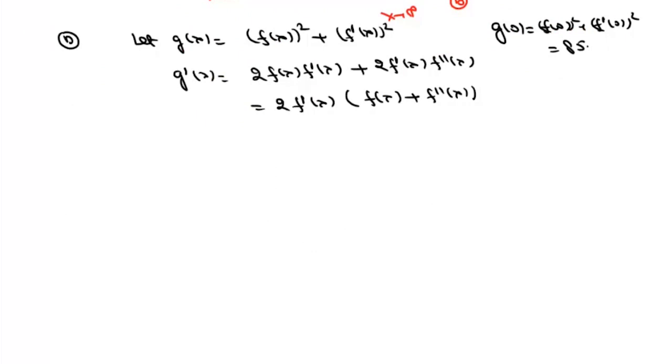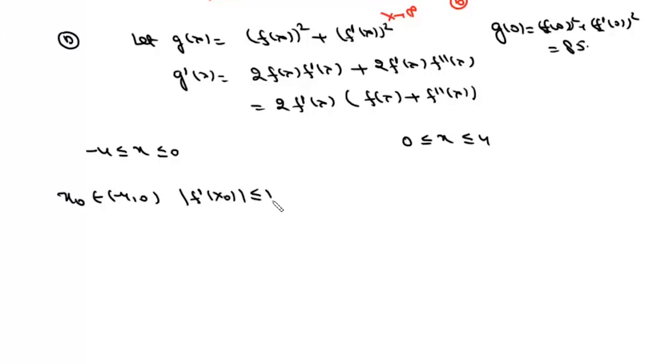Now what we'll do is, we'll consider two separate intervals. First interval, when x lies between -4 and 0, and second interval where x lies between 0 and 4. Then from statement B, we can say there exists some point x0 which lies between -4 and 0 such that mod of f'(x0) will be less than or equal to 1.